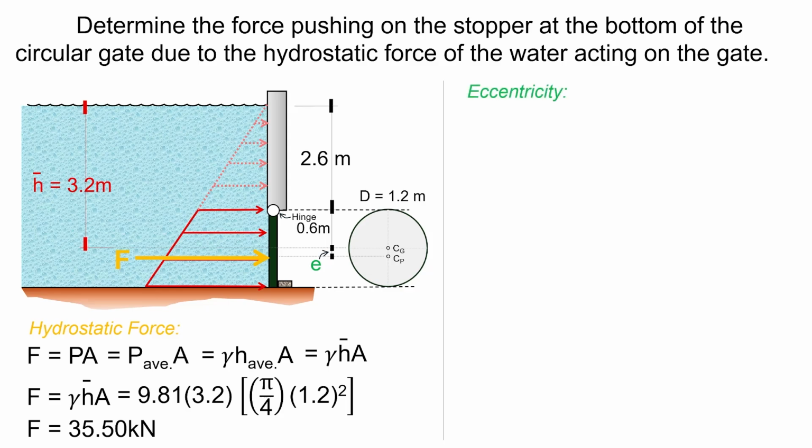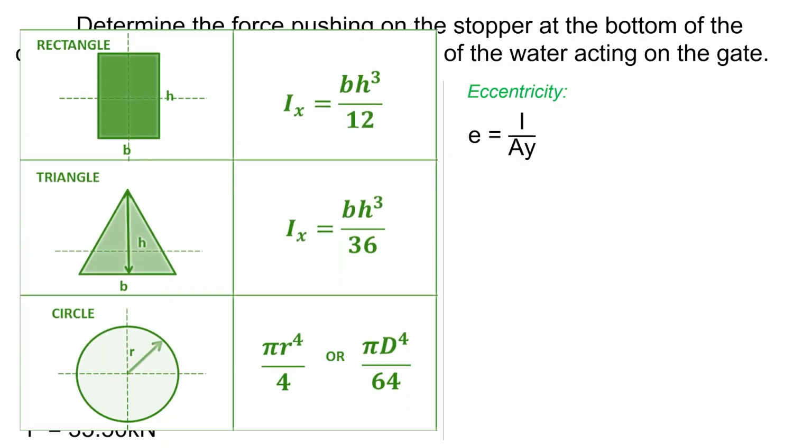Next, we can calculate the value of the eccentricity E. And the formula is E is equal to moment of inertia I along x-axis all over A area times y. The moment of inertia of common shapes are this. And since we are dealing here with a circular gate, the moment of inertia is pi d raised to 4 all over 64.